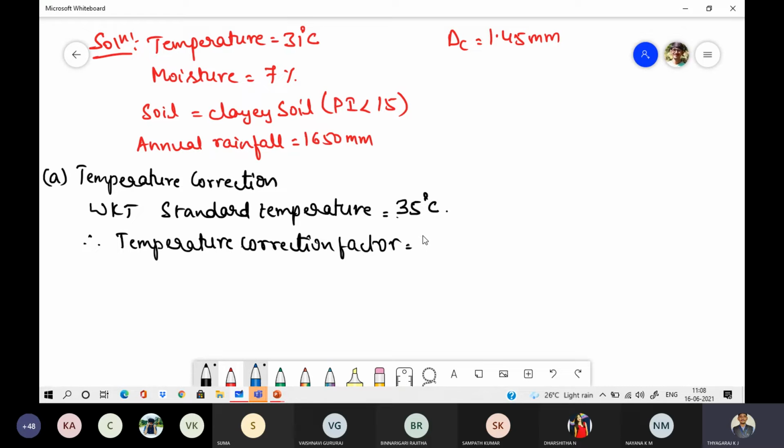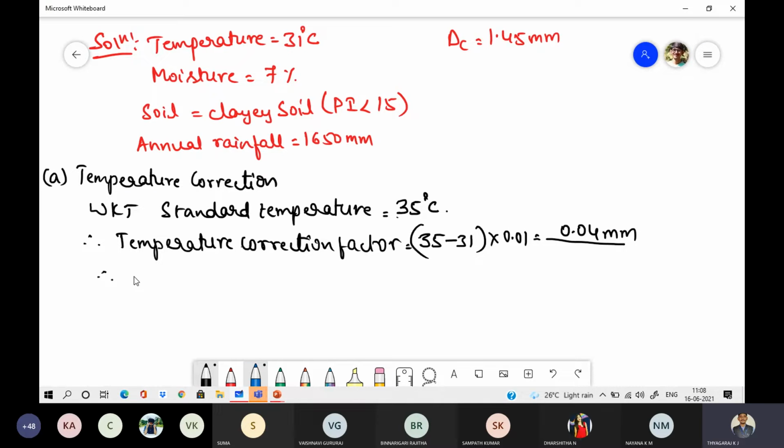Whichever is the highest value we have to consider, and deduct that from 35. So 35 minus 31 into 0.01. What is the value you are going to get? 0.04 mm.